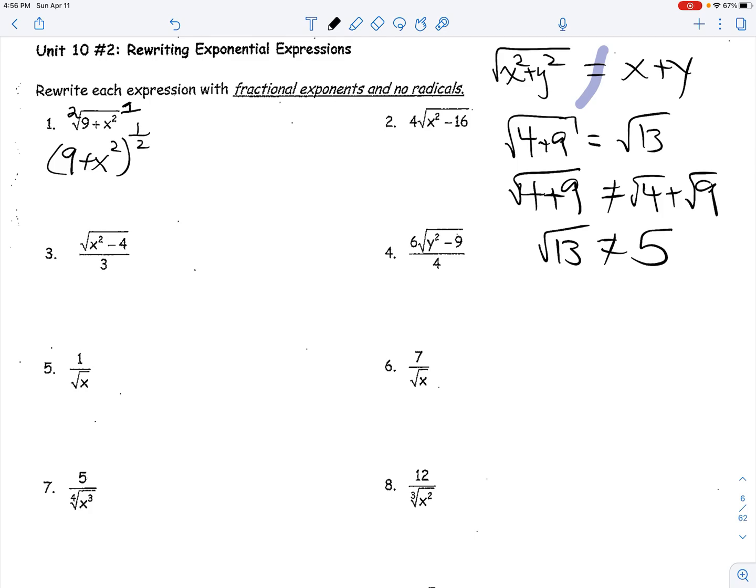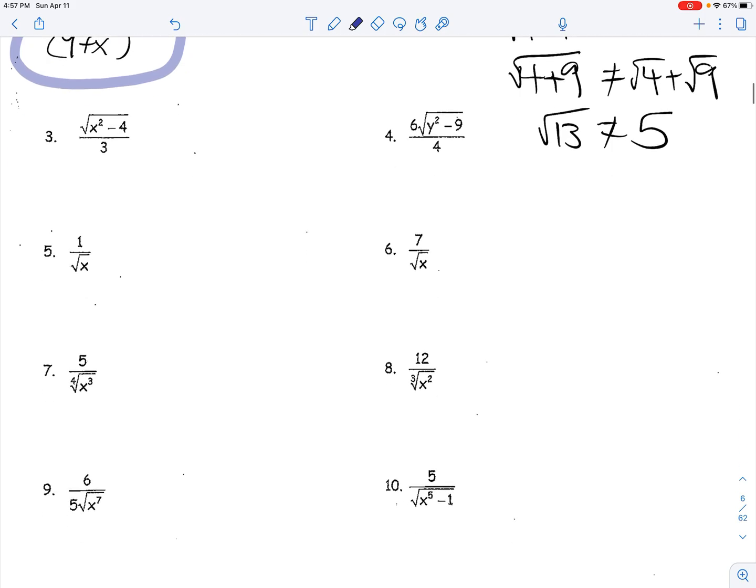So it's that quantity, 9 plus x squared, all of that raised to the 1/2 power, and that's it. It just says with fractional exponents and without radicals, and that's what we have there, people. So that's your answer to number 1.